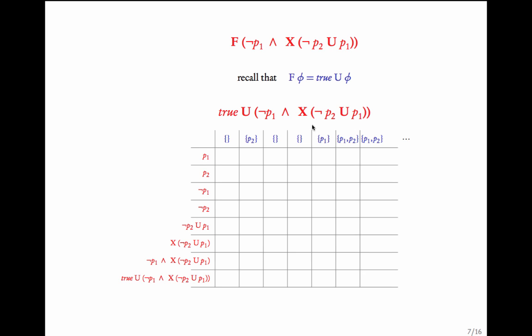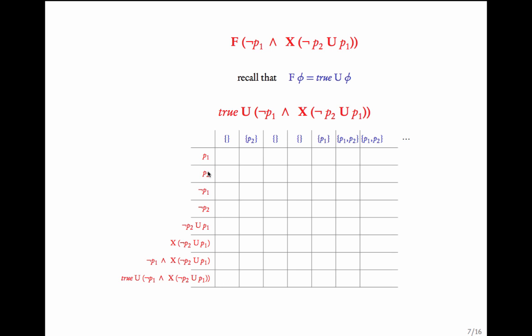P1, P2, not of P1 and not of P2, not P2 until P1, X of not P2 until P1, then this and not P1 and X of not P2 until P1, and this entire thing true until that. True is also just the formula. True is a subformula. However, since true is always 1, I have not written it explicitly. Let us now patiently evaluate the subformulae on this word.